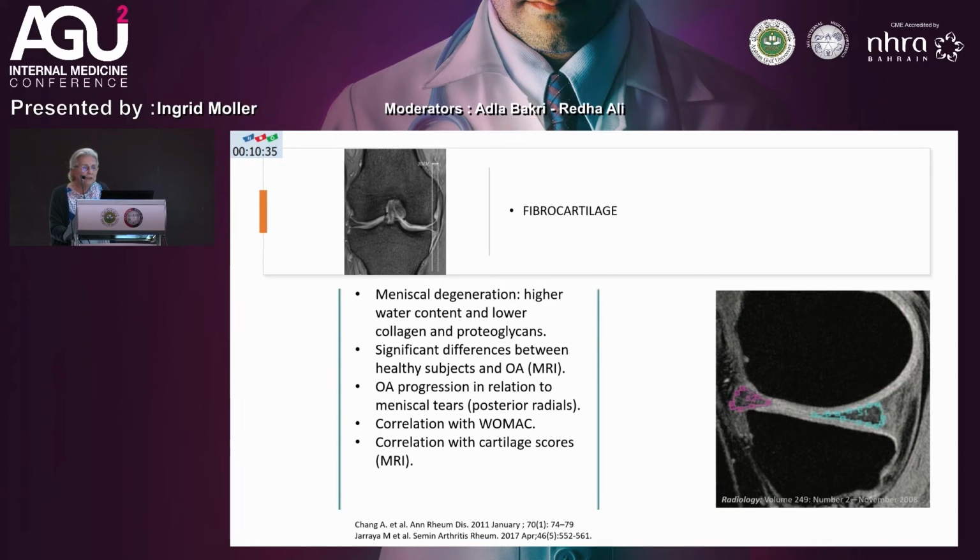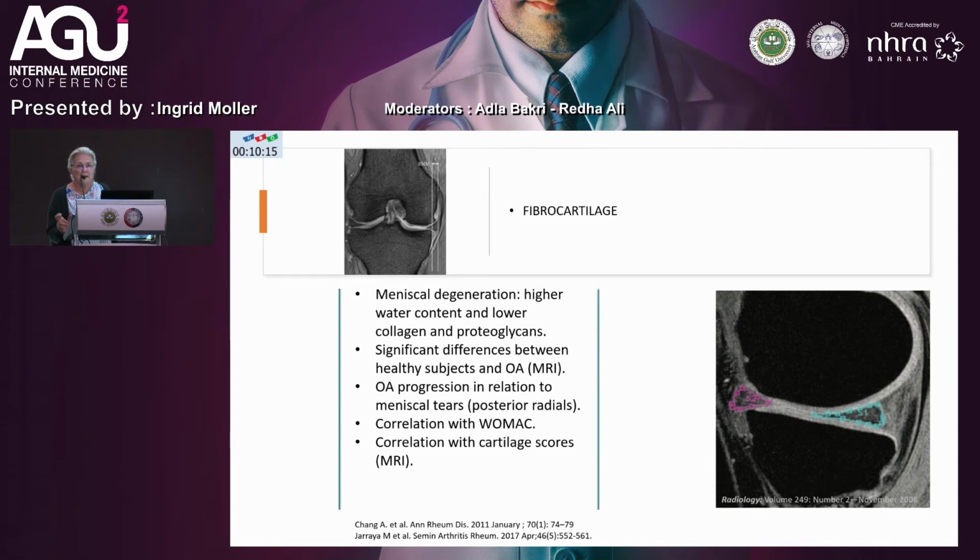And we know that when we have meniscal degeneration, we can have more osteoarthritis, and the osteoarthritis is progressing in relation to meniscal tears, specific meniscal tears, mostly the posterior radials.